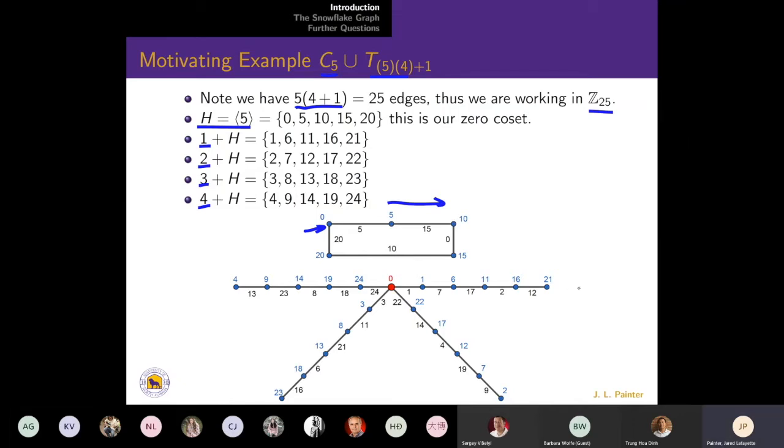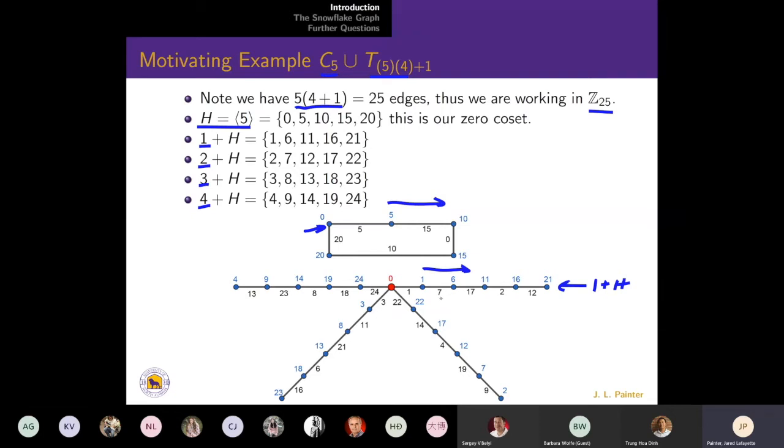And then moving down to the tree, I'm going to choose this edge label here. These are going to be my vertex labels from 1 plus H, so the first coset. And I order from smallest to largest, moving away from the root, which I've labeled 0 there, so 1, 6, 11, 16, 21.